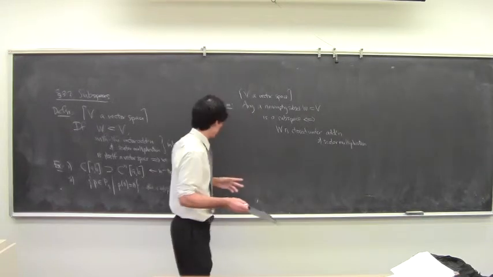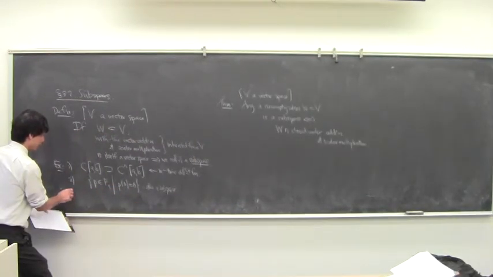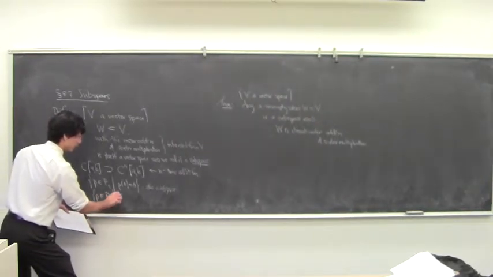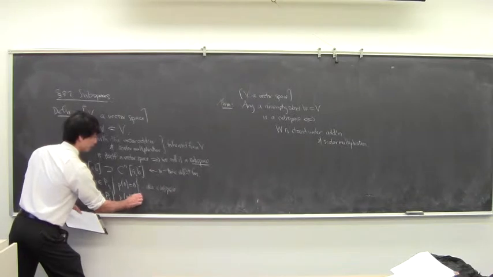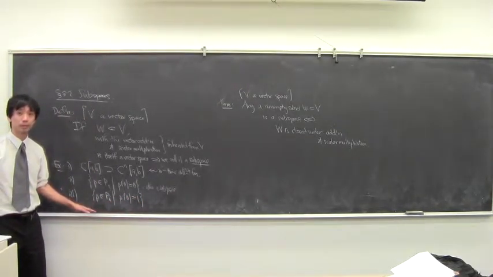Okay. So, for example, coming back here, if I said the polynomials of degree less than or equal to n, which take on a value of 1 at 0, would that be a subspace? No. Why not? Because if you did some addition or scalar multiplication, you got something different.